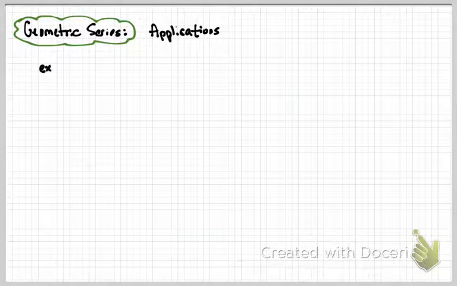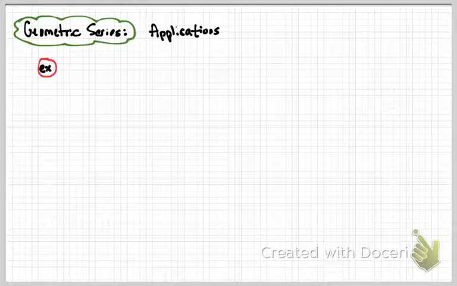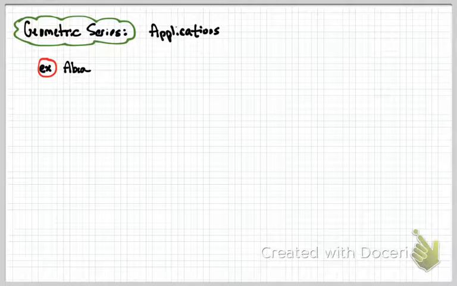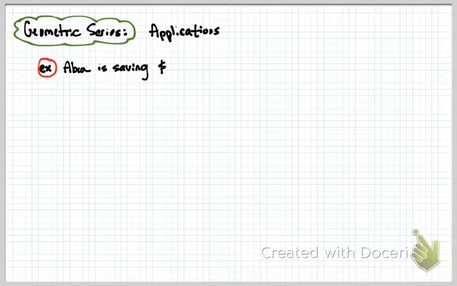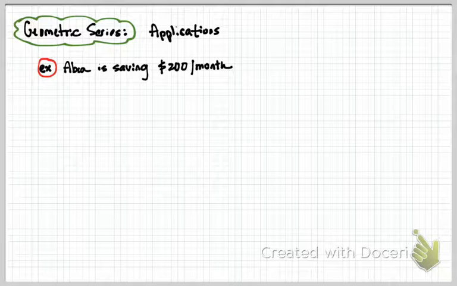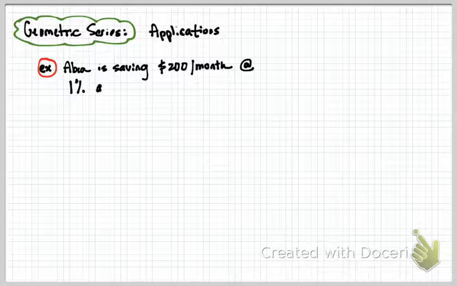Alright, so here's our example. And it's from the CPM 7.3.2. Abra is saving $200 a month at 1% annual interest.